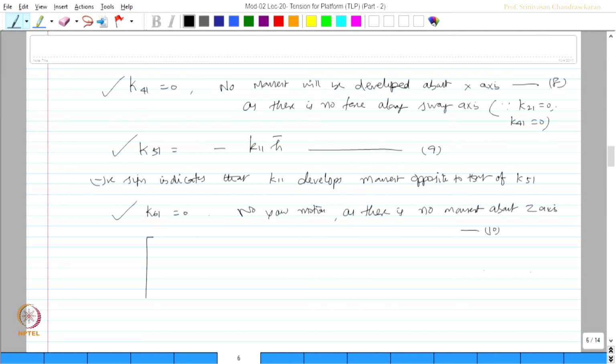So, now in the K matrix of 6 by 6, the first column K11, K21, K31, K41, K51, K61 are now ready. Please understand, stiffness matrix is always derived column wise. So, the first column of the stiffness matrix is now derived from the first principles.